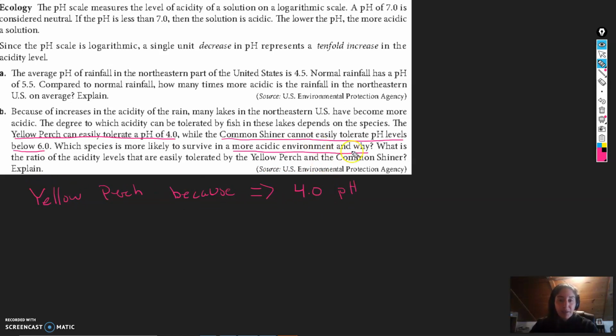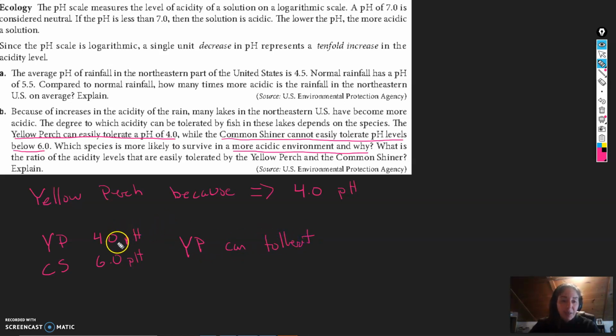So this one can tolerate a more acidic environment. What is the ratio of the acidity levels that are easily tolerated by the yellow perch and the common shiner? The yellow perch can easily tolerate a 4.0 pH, the common shiner can tolerate a 6.0 pH.